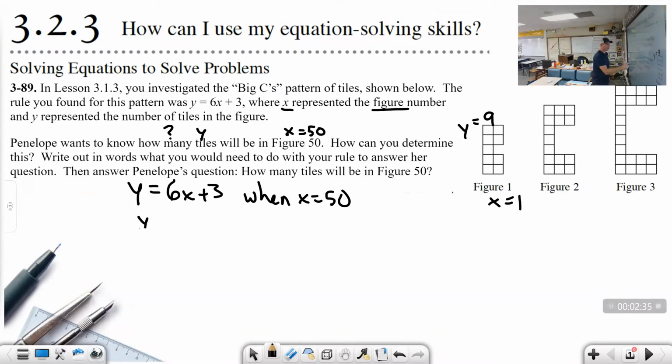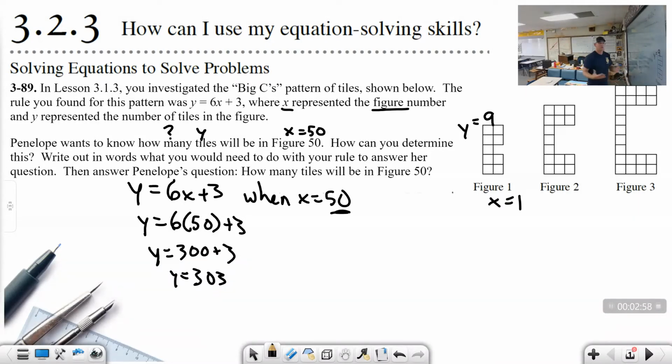We're going to take y equals 6, but it's not x, it's the value of x, 50, plus 3. And we go ahead and solve this. 6 times 50 is 300. 300 plus 3 is 303.